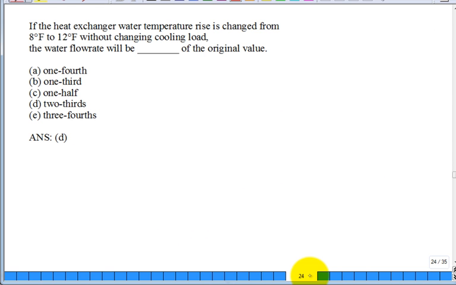Here's a question. If the heat exchanger water temperature rise is changed from 8 degree F to 12 degree F without changing, whoops, this is not a rise then, it's a drop. For the cooling load, the water flow rate will be blank of the original value. Man, this is terrible. All right, so think about the heat exchanger.